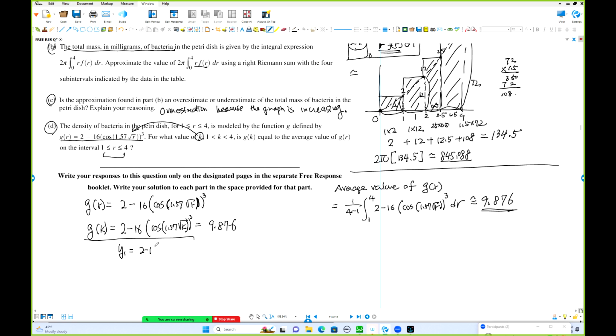2 minus 16 cosine 1.57 square root k. You can use square root instead of k, okay? The variable is k, and cube.